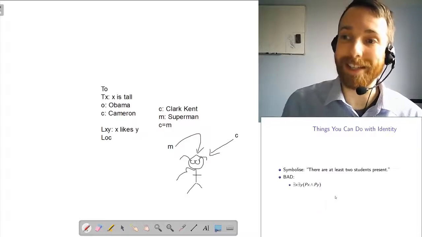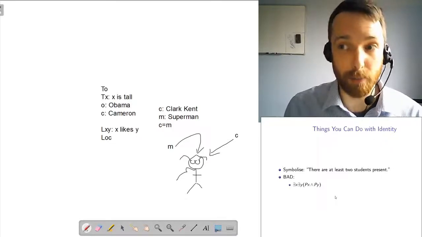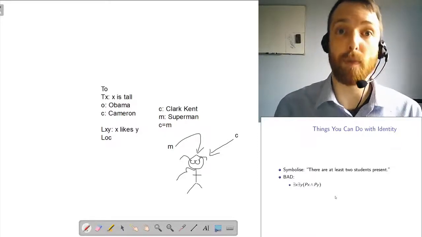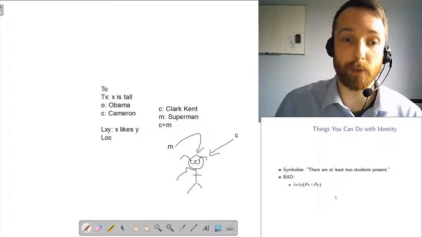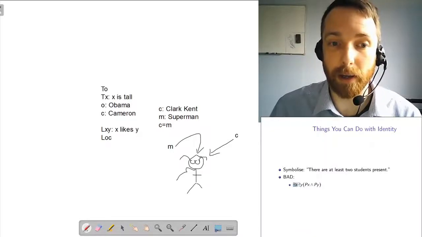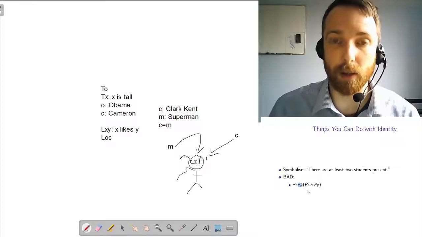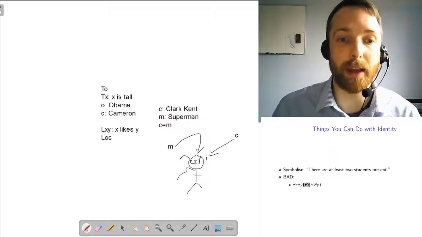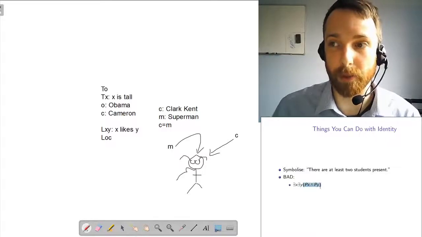But when you see different letters, that does not mean that you have to put different things in the 2 gaps. It means you may put different things in the 2 gaps. So this sentence says, I can find something, call it X, and I can find something, call it Y, and I don't know, they might be different, they might be the same, such that X is present and Y is present.